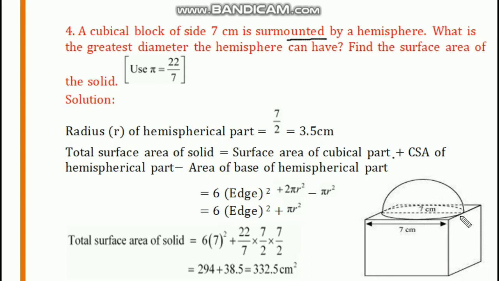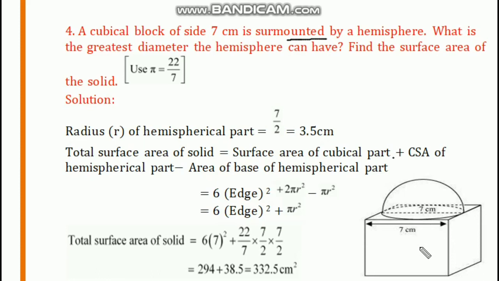That is the greatest length. So that is the greatest diameter of the hemisphere. The diameter of the hemisphere is 7 centimeter, so the radius is 3.5 or 7 divided by 2.